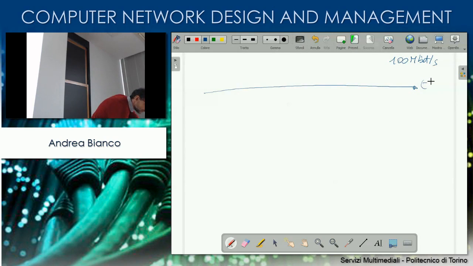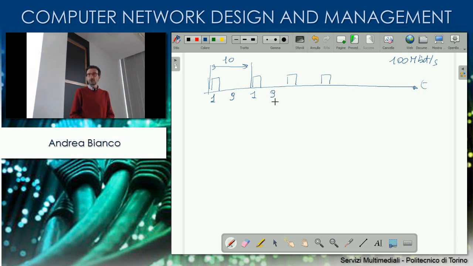Now let me create a picture here in which we have this source, and suppose that we have a period of time which I call 10, in which you are active for 1 over 10, and you are inactive for 9 periods of time, okay? Then you are active for 1, and you are inactive for 9. 9 is 9 packet transmission times, okay? So you take a frame of 10, with spacing, and you are active for 1 packet transmission, then you are silent for 9 periods of time, and so on and so forth. And you will keep repeating this behavior forever, okay?